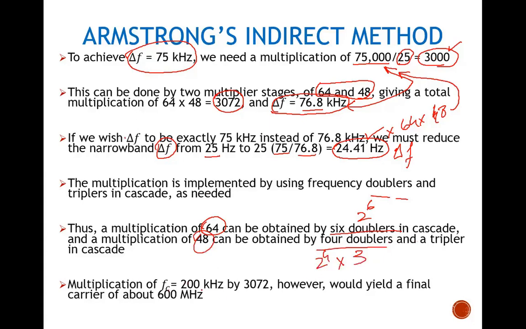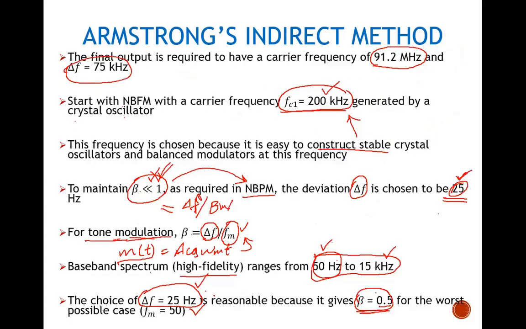If we multiply the narrowband carrier frequency that we have at the beginning by 3072, we would yield a final carrier of 600 megahertz, which is not what we want. We want a final carrier of around 91.2 megahertz.